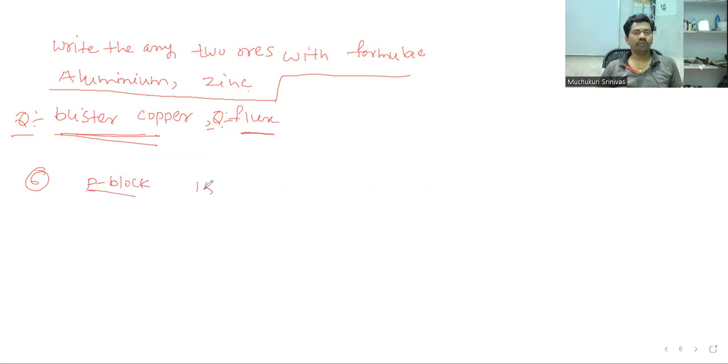P block, 15th group. In 15th group, mostly nitrogen molecule is highly stable. Then next, ammonia is a good complexing agent.